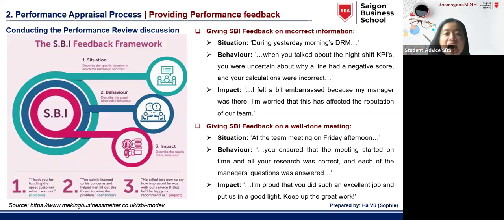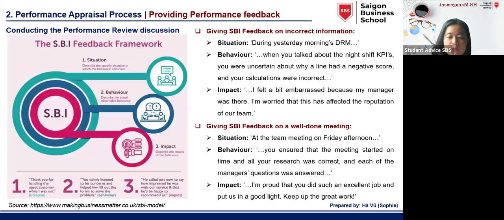So the SBI, situation, behavior, and impact, can be considered an effective alternative to the burger method, especially in situations that require clear, direct, and actionable feedback. By focusing on three key elements, situation, behavior, and impact, this framework makes it easier to quickly understand the issue and its consequences.